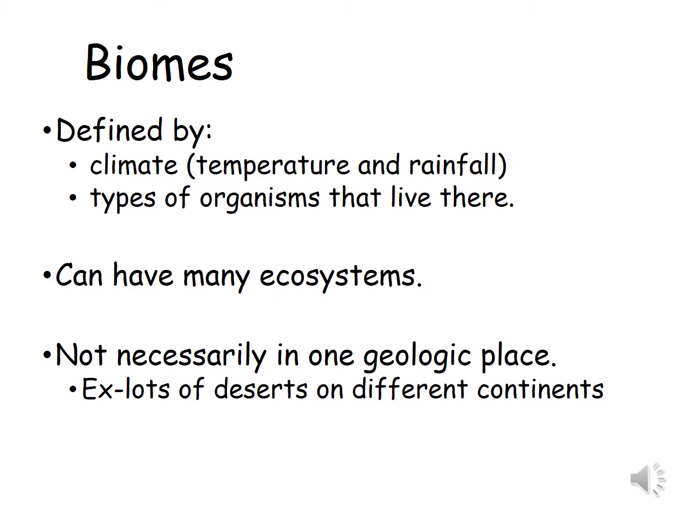And a biome is defined by the climate, which includes temperature and rainfall, and the types of organisms that live there. There can be many ecosystems in one biome. And remember that a biome doesn't necessarily exist only in one geologic place. For example, there are lots of different deserts, and they are on different continents, but they all share the same climate and the same types of organisms.